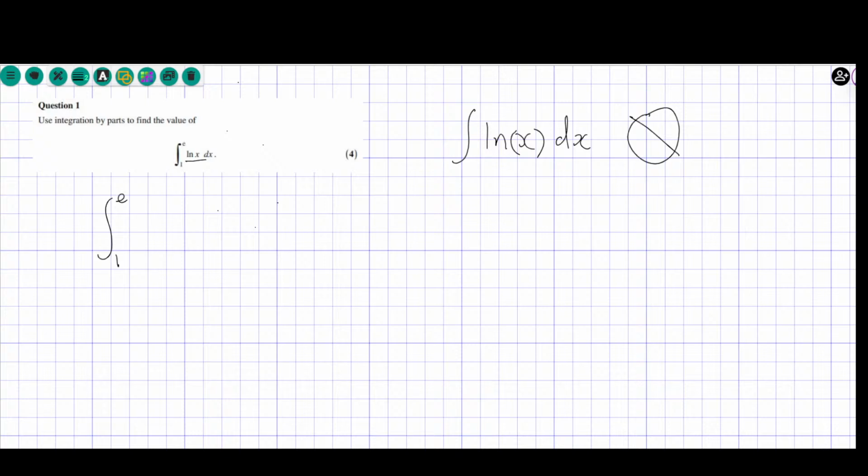Instead of ln x, we can use a special method called integration by parts, and we can rewrite ln x. If you looked at my recent Instagram post, did I put it on YouTube as well? I talked about how in mathematics we're always using equivalences to make our life easier.